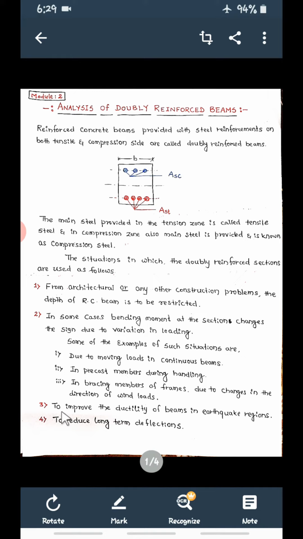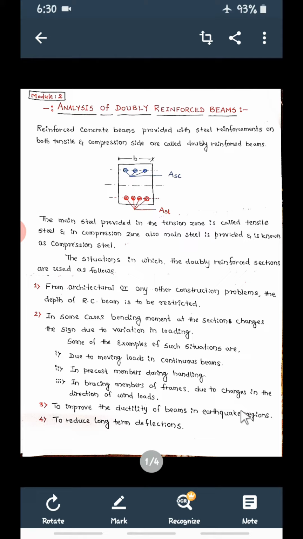The next situation is to improve the ductility of beams in earthquake regions. When an earthquake happens, your building must be ductile, as far as possible. Normally we classify materials into two parts: brittle materials and ductile materials.